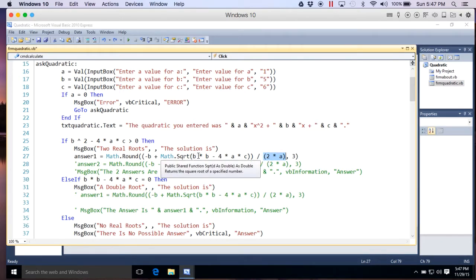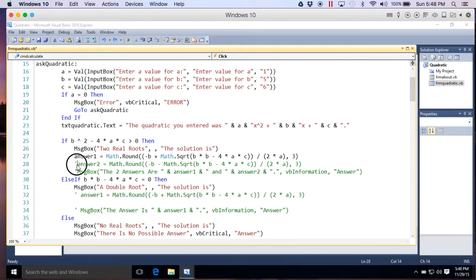As you caught on, I did not mention in the second video that the star or asterisk, shift 8, is multiplication. The caret is squared. So b squared or b times b is the same thing mathematically.